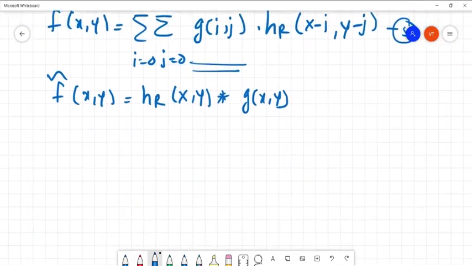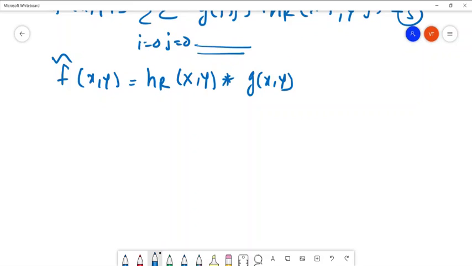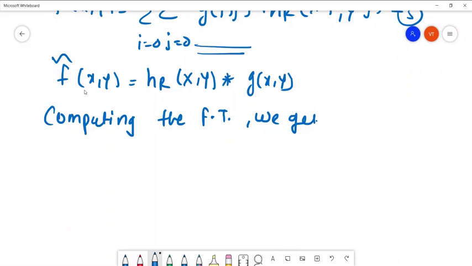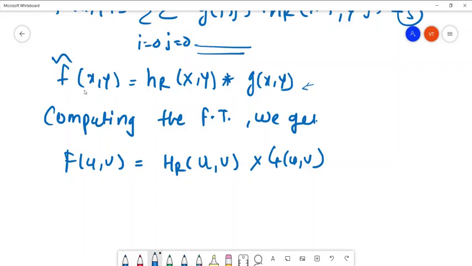Okay, so computing the Fourier transform, we get capital F(u, v) equal to HR(u, v) multiplied by G(u, v). Why multiply? Convolution in one domain becomes product in another domain. This is equation number 10.